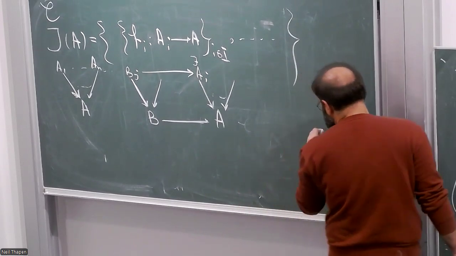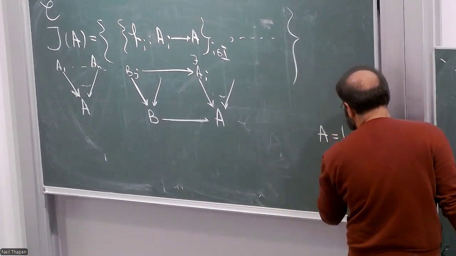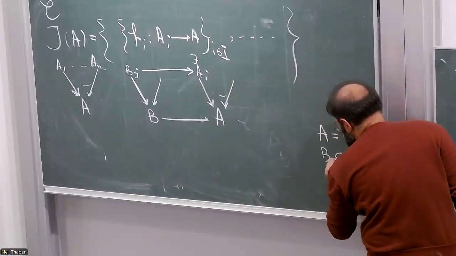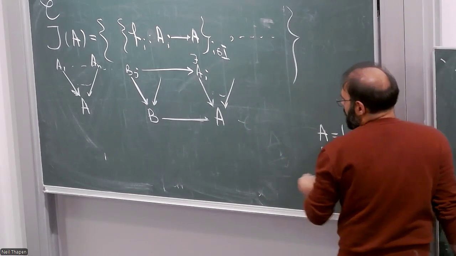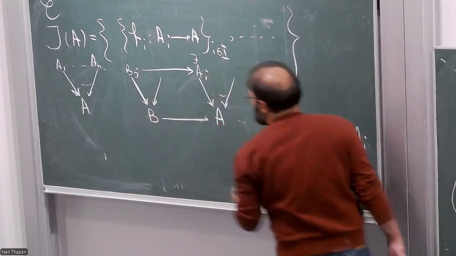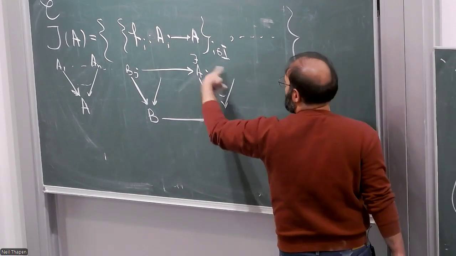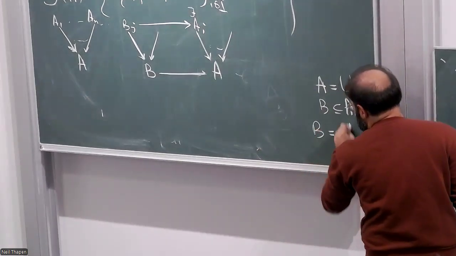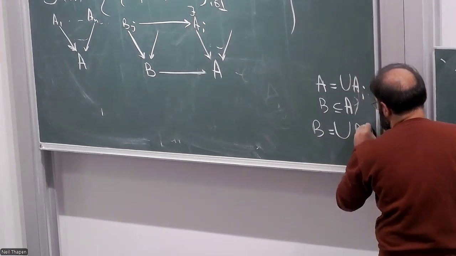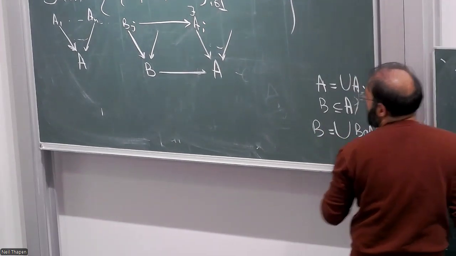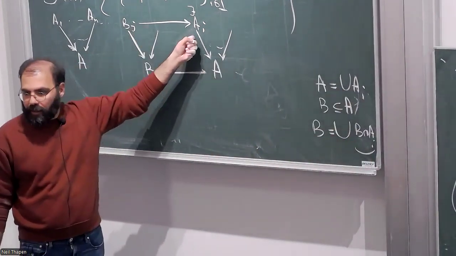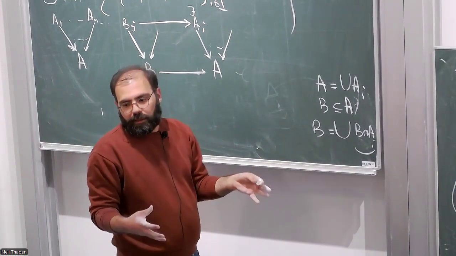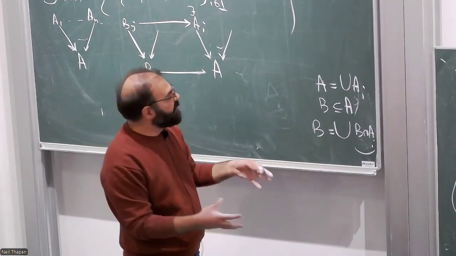Simply it says that if A is the union of AIs, if you have the cover, and B is a subset of A, then you can cover B via parts that are inside A. And we know how to do it, right? You can cover B by B intersection AIs. Any B intersection AI is my BJ, which is less than AI, right? But you can cover your B. So the notion of coverage means that everything smaller, you can cover it.